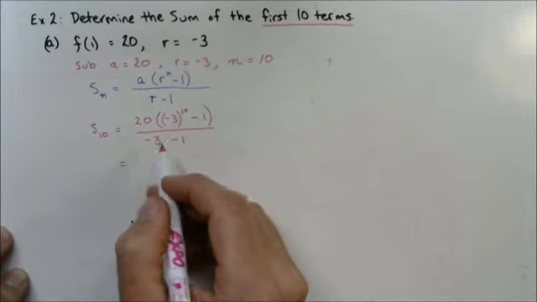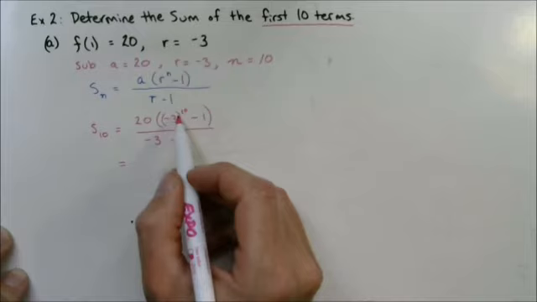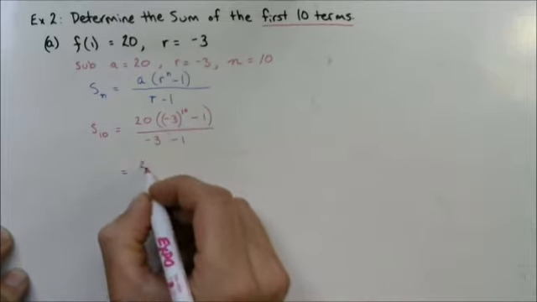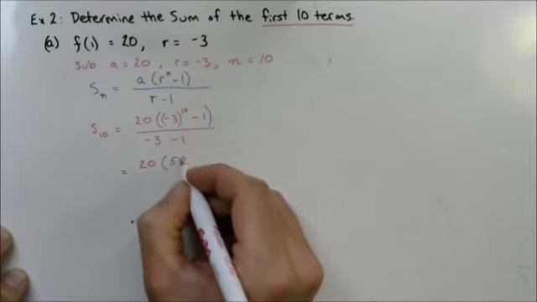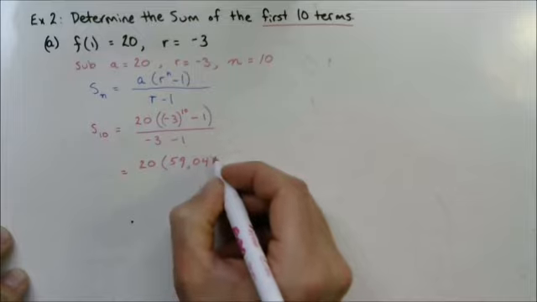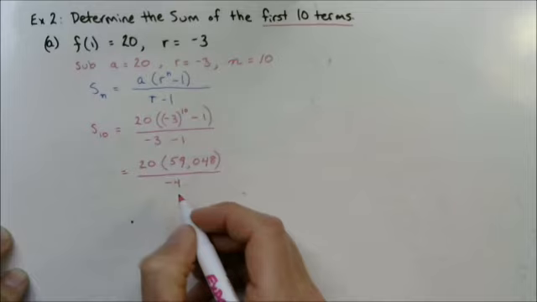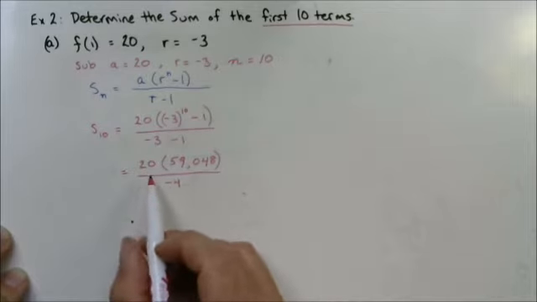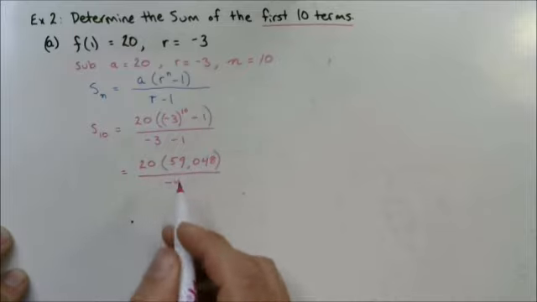All right, dealing with our brackets here. Negative 3 to the power of 10. Click it into your calculator, subtract 1. In the numerator, that leaves us with 20 times 59,048 over -4. Put that in your calculator, and we end up with -5 times this number in the bracket, 59,048.